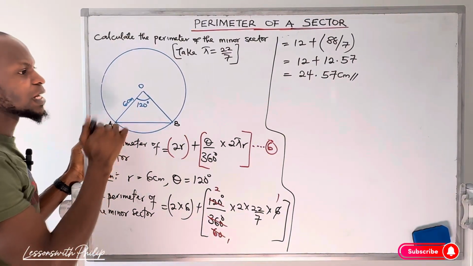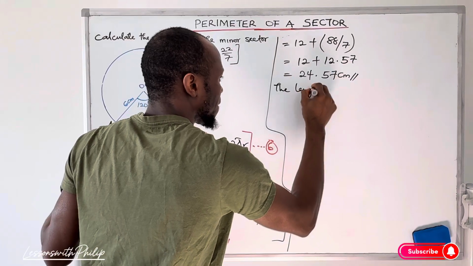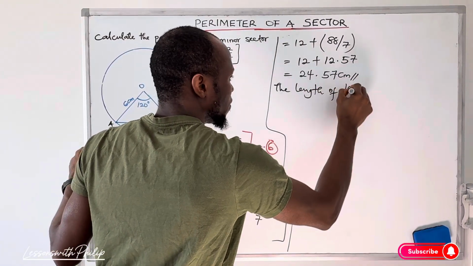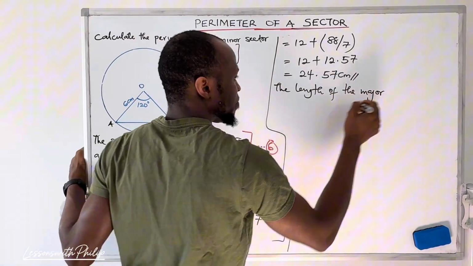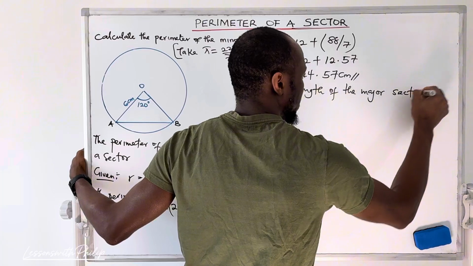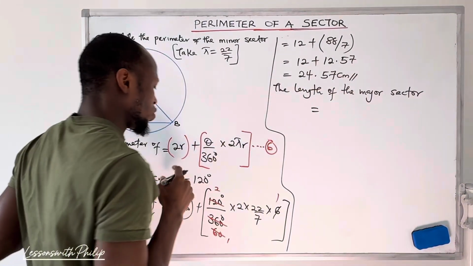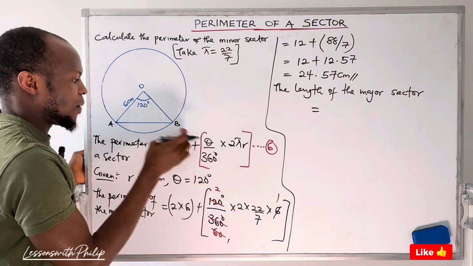But if we have to find the perimeter of the major sector, we're still going to use the formula, but what will differentiate it is our angle.